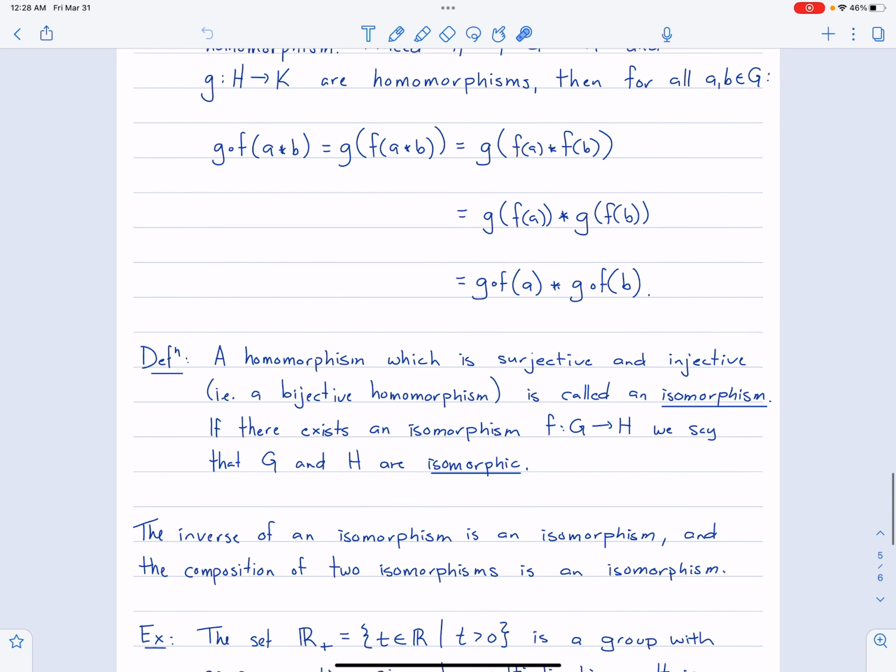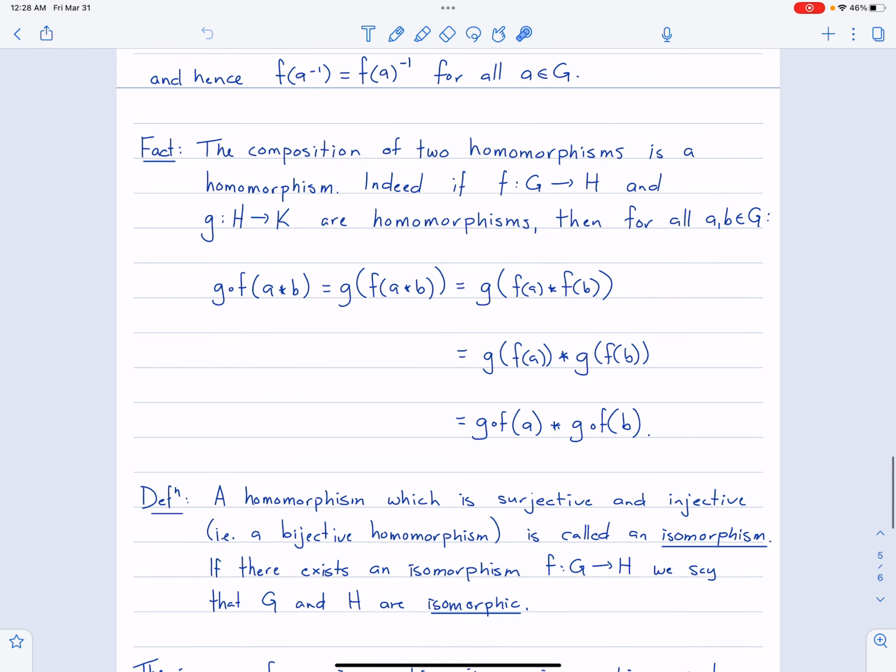Furthermore, a homomorphism which is both surjective and injective, in other words a homomorphism which is a bijection, we call an isomorphism. Okay, so an isomorphism is the group theory equivalent of a homeomorphism. It basically means that the two groups are essentially the same.